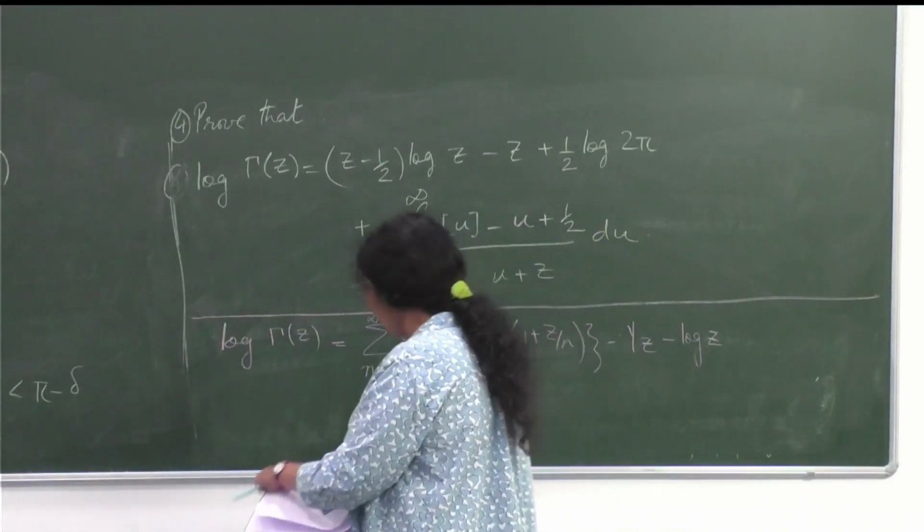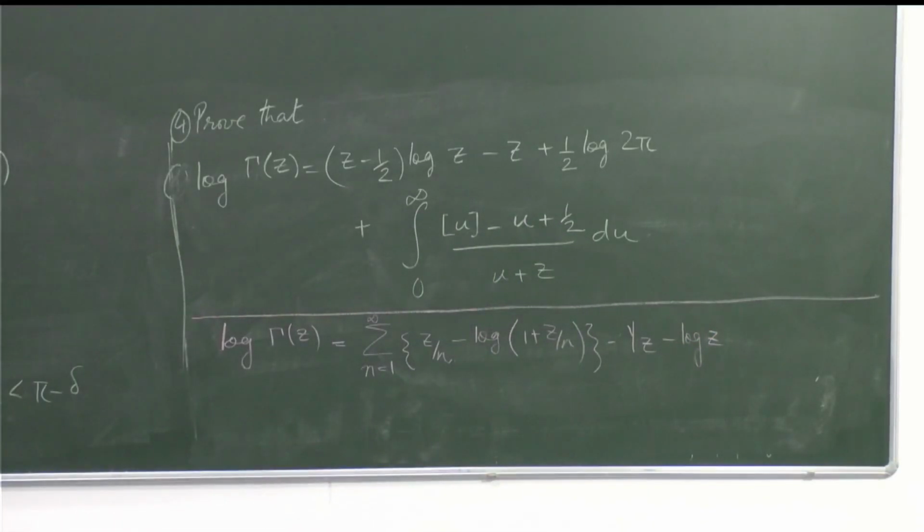Okay, so now you take the finite sum and let big N go to infinity.